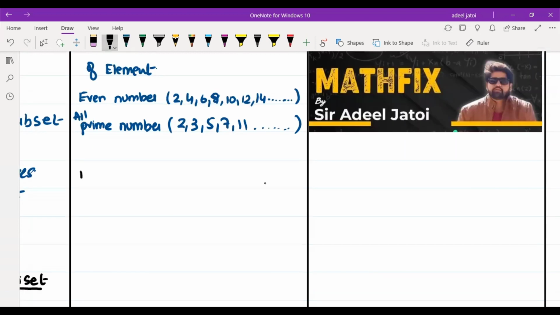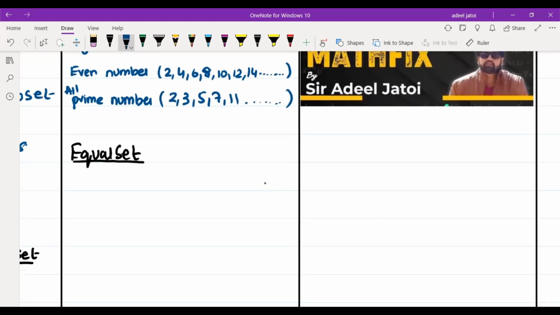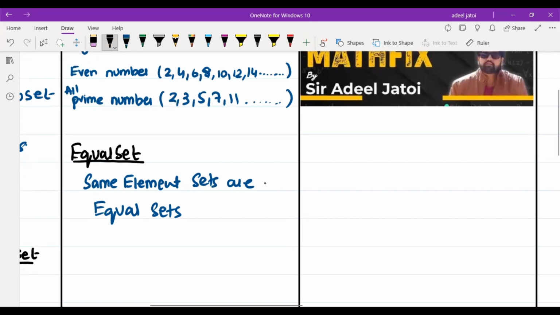With this respect, we also have the equal set. What does the equal set represent? Equal sets are sets that are considered to be equal if they have exactly the same elements. Same element sets are equal sets.